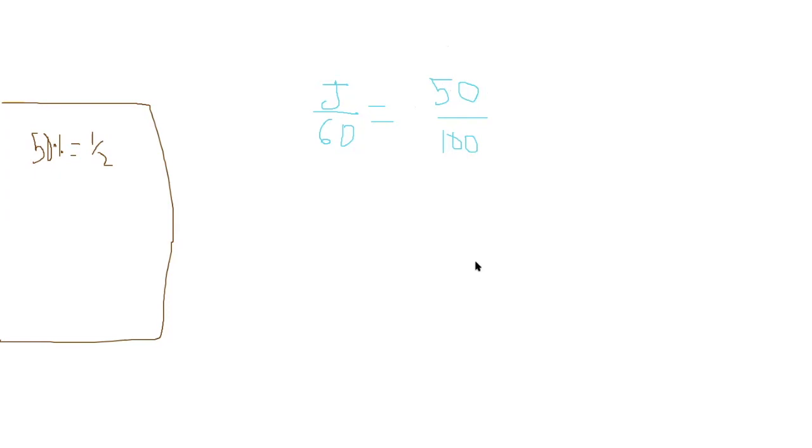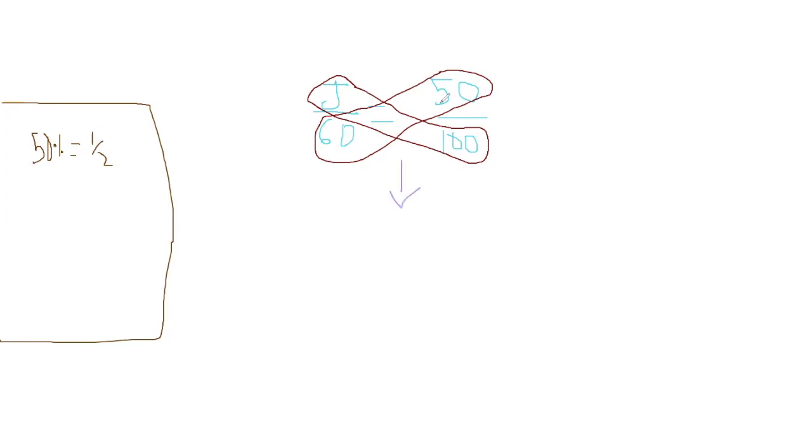I forgot. Sorry, I'm tired. It's okay. We cross multiply. So now we have 50 times 60 and J times 100. Okay, so now we have our question.